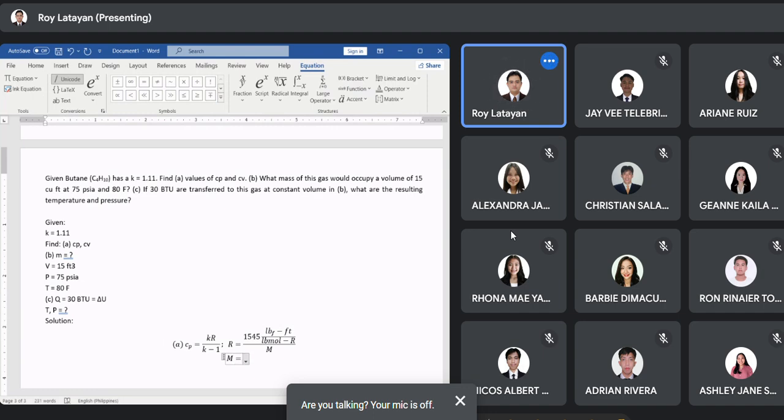So butane is carbon. The molecular weight for carbon is 12. For hydrogen, it is 1. So ang value nito is 58. Yan. So ano naman yung unit ng 58 natin pag tayo ay English? So siya ay pound mass per pound mole.